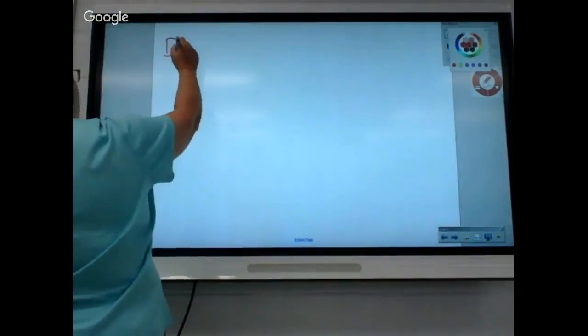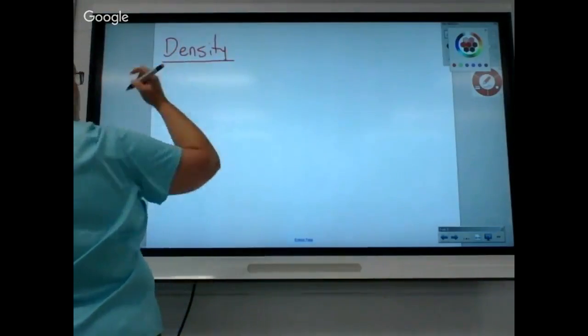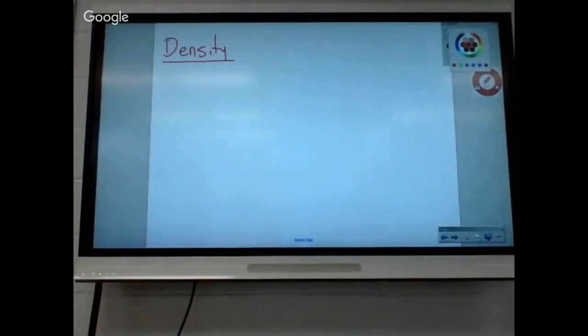Now, density, you guys studied back in middle school, so we're just going to hit some highlights. Okay? Now, somebody tell me what you remember about density. I remember something about density in middle school. I feel certain somebody remembers something.